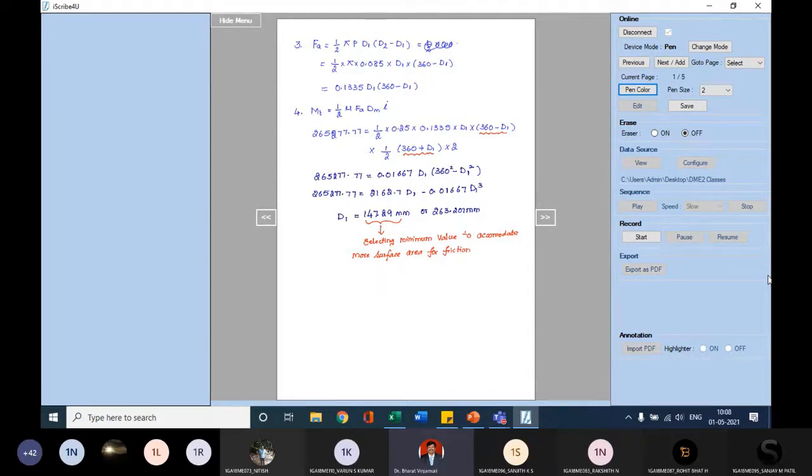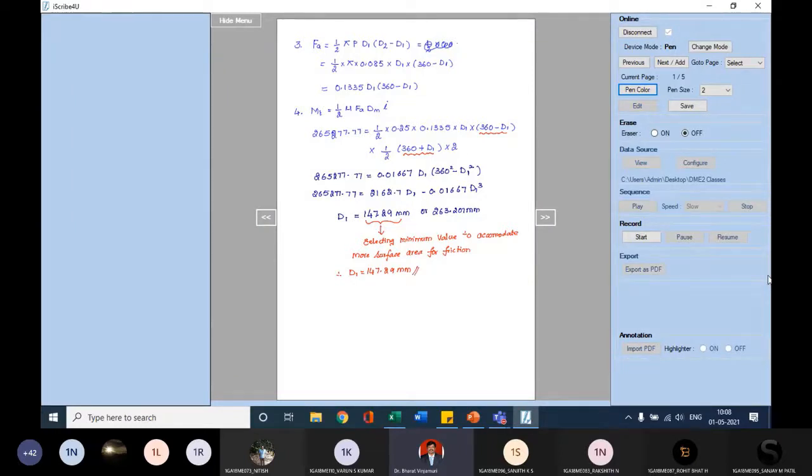This is the reason why I am selecting it. I am selecting D1 as 147.29. So D1 has been found.